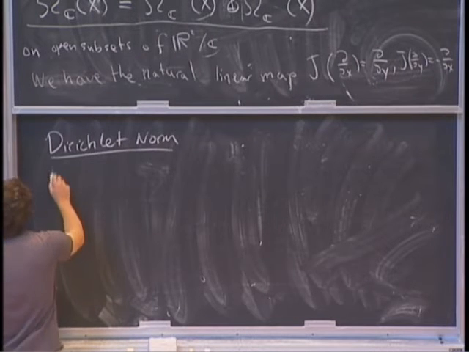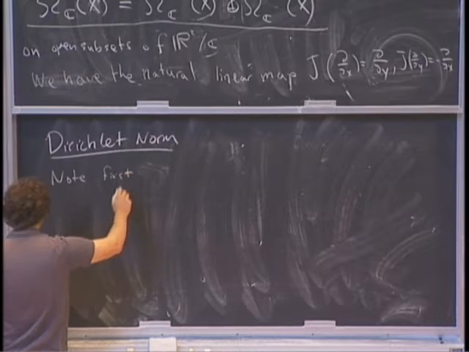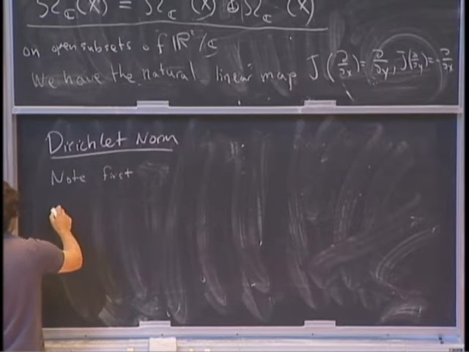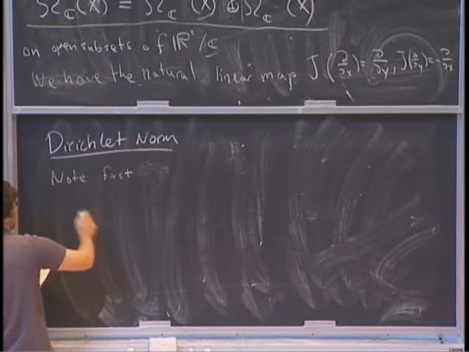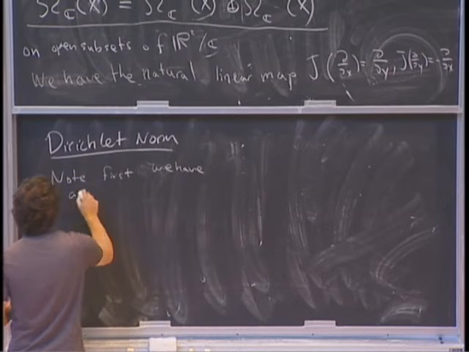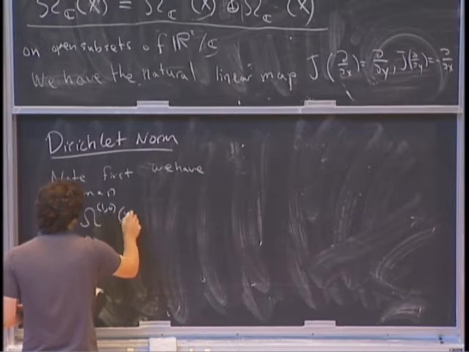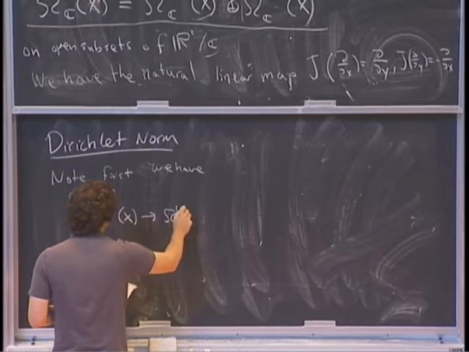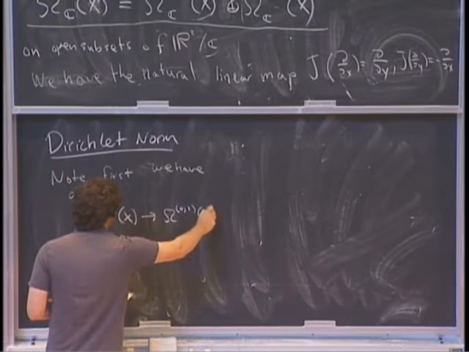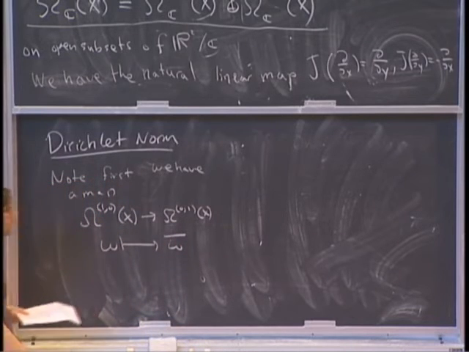Right, so we note first that we have a well-defined map from the (1,0) forms on a Riemann surface to the (0,1) forms, given by omega gets sent to omega bar. Okay, so that's easy.